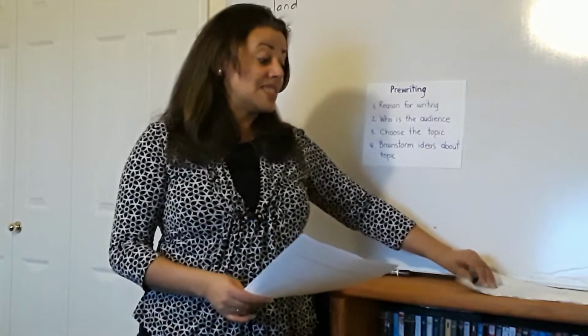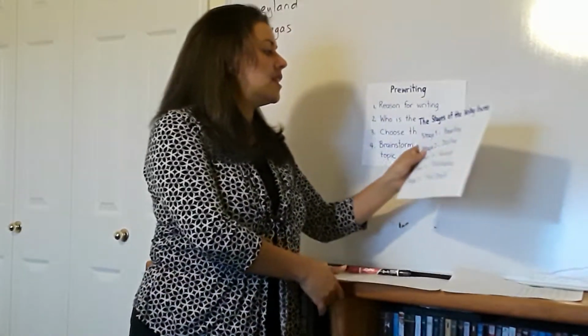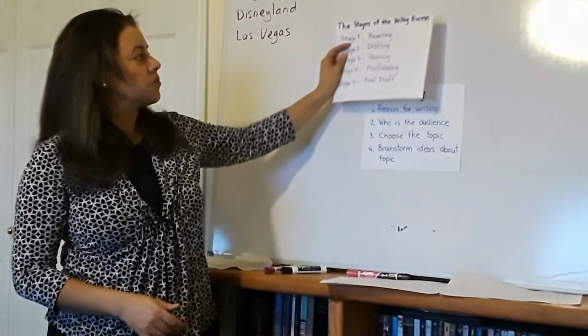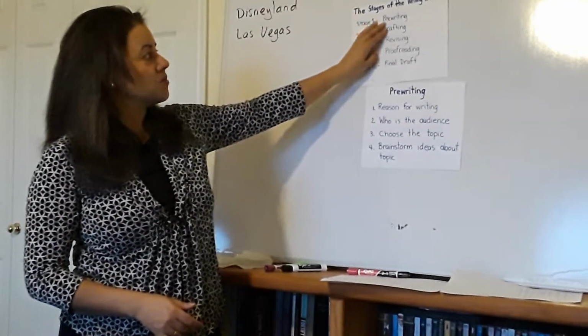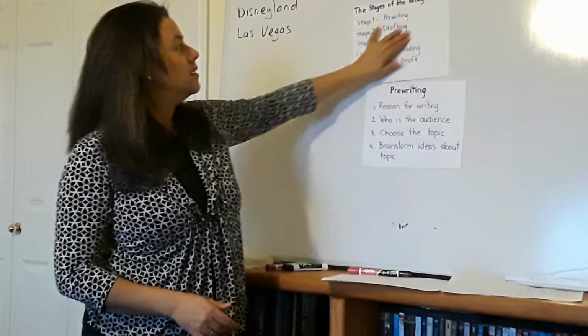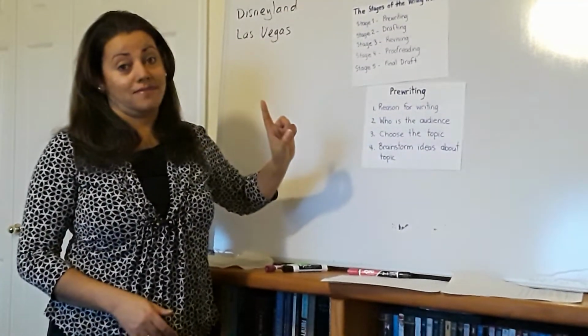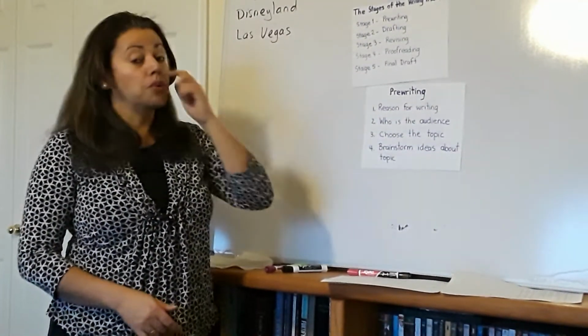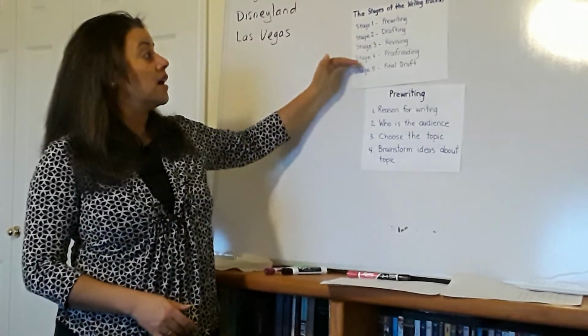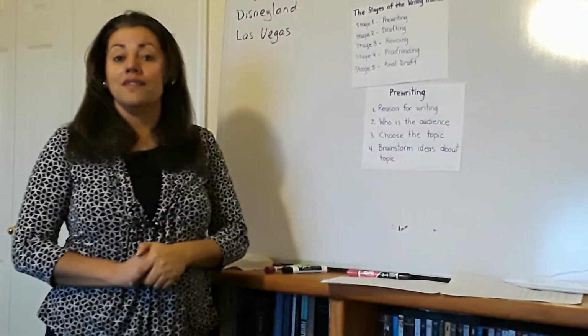Remember, this is only the first part of the writing process. The writing process actually has more stages. We just looked at the first one, okay? We will be working on the next ones during the week. Okay, thank you.